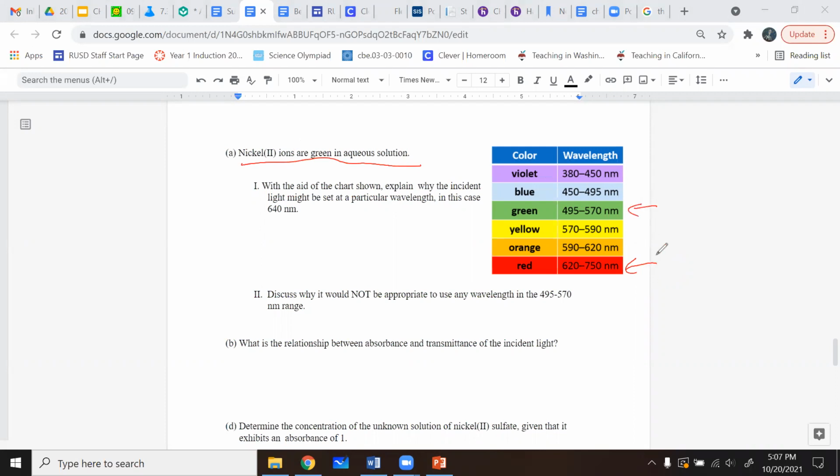If you are unsure as to why we're using red to analyze a green solution, I would refer you to the notes that we took in class on Monday. And then same for part 2, discuss why it would not be appropriate to use any wavelength in the 495 to 570 nanometer range. Again, the solution is green. Why is it not appropriate to use a green wavelength to analyze that?